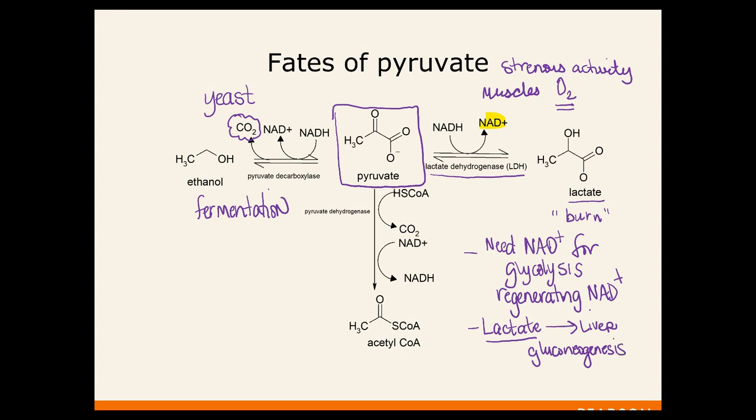So we'll talk more about pulling all the pathways together in a couple weeks, but keep that in mind, and I'm going to bring up gluconeogenesis again because the pathways are all interlinked. And so one way that we can make glucose is from lactate.